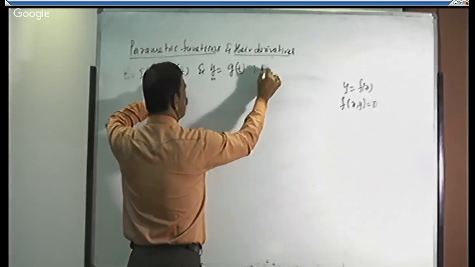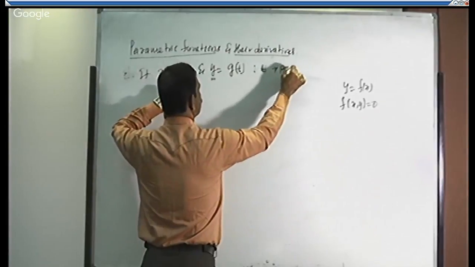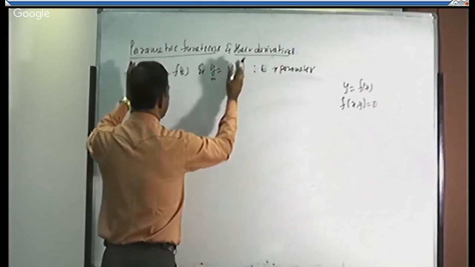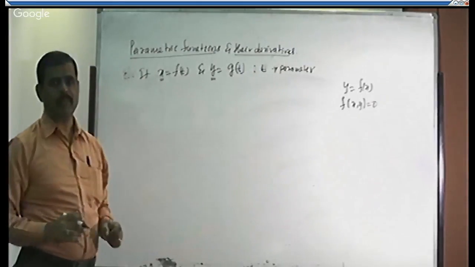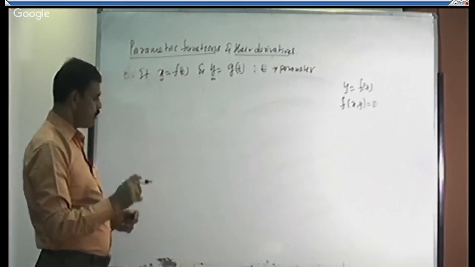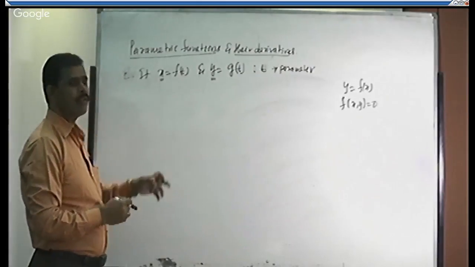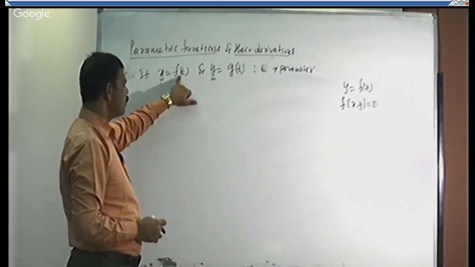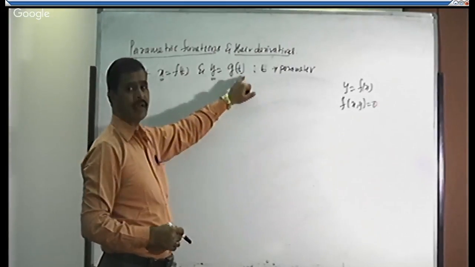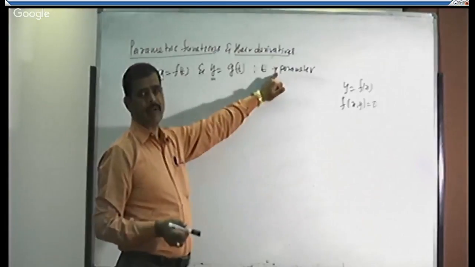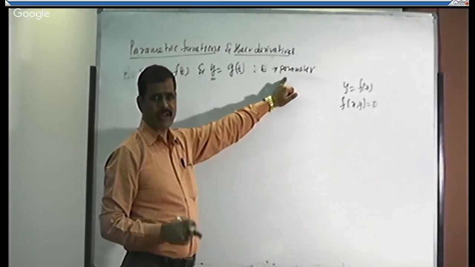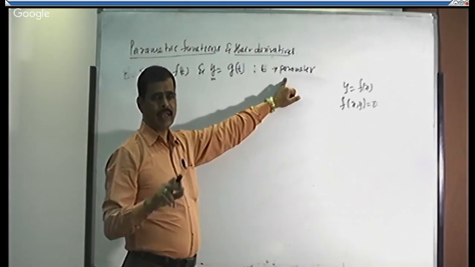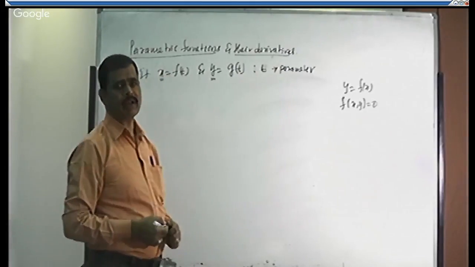So that t is called the parameter. And such functions are said to be parametric functions. Sometimes x is a function of theta, y is a function of theta, so theta becomes the parameter. A parameter is nothing but another common variable.